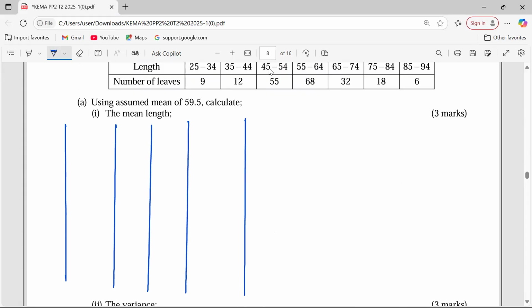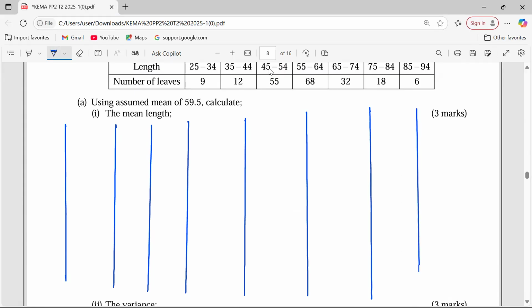Then we get the product of each frequency and the deviation, then the deviations squared. And because of the last part, we shall require the cumulative frequency. So we need a lot of columns for this particular question.